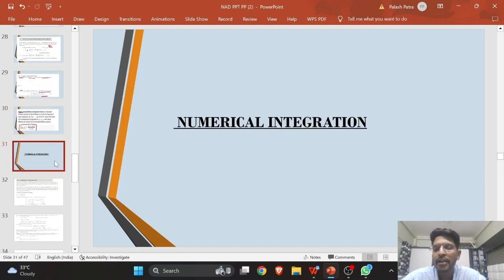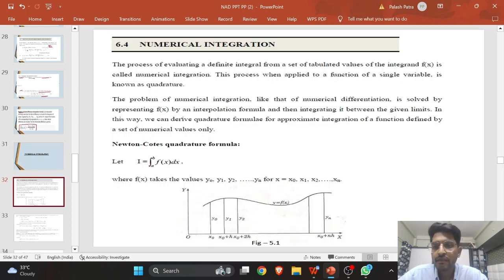In numerical integration, firstly, the important concept is the Newton Cotes quadrature formula. So firstly, let's know what we mean by numerical integration. The process of evaluating a definite integral from a set of tabulated values of the integrand f(x) is called numerical integration.